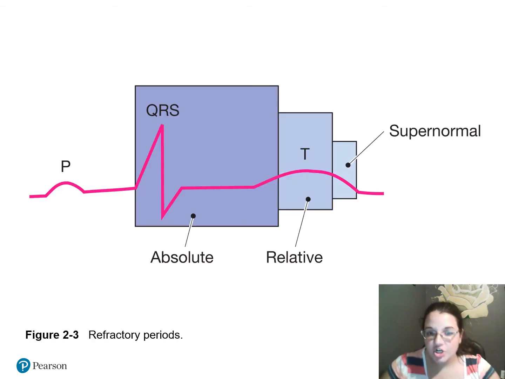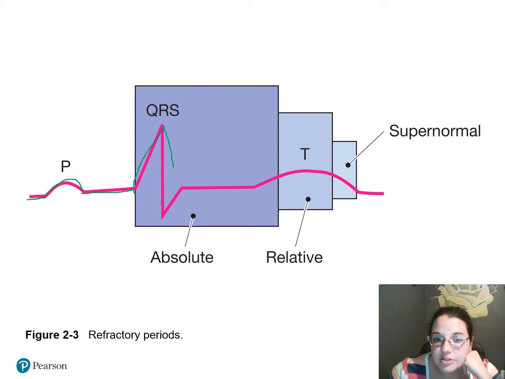So if you look at the chart here, you'll learn here in a minute that this first wave is P. This is your PR segment. Here is your QRS complex. Here is your QT segment, if I said that right. And then here is your T wave. Here is your baseline. Here is your baseline.